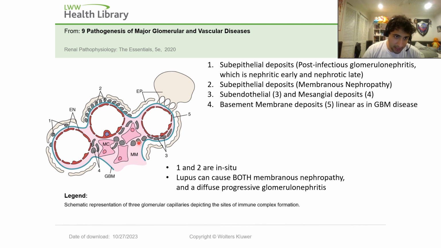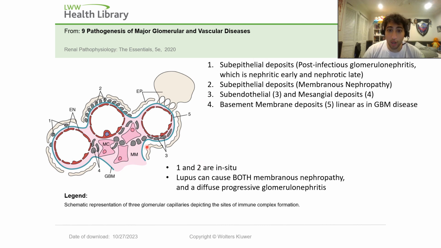It can be mesangial, right? Or it can be directly on the basement membrane. So where can things deposit? It's going to be either on the basement membrane, or along the subendothelium, or in the mesangial region. And subepithelial, it's usually in situ.